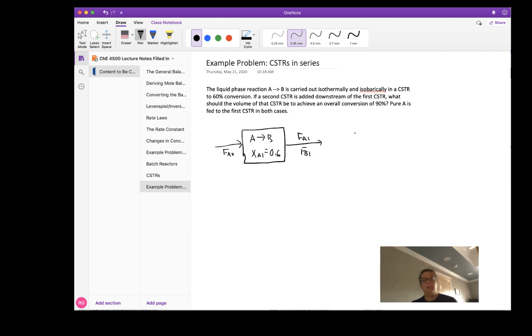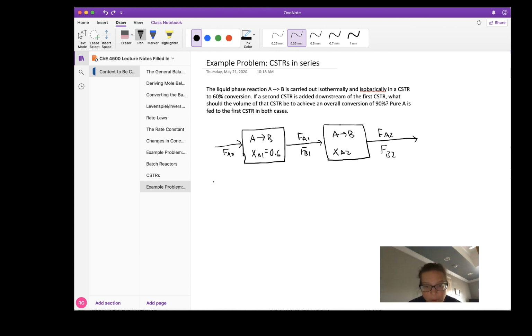And we want to examine the case where we add a second CSTR. It's going to carry out the same reaction. It's going to have some conversion. We don't know exactly what that is, not yet. And coming out, we're going to have, again, A and B. We'll call that FA2 and FB2.